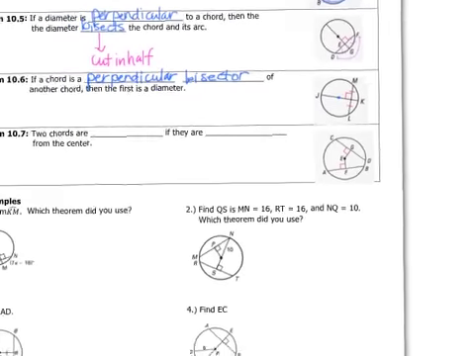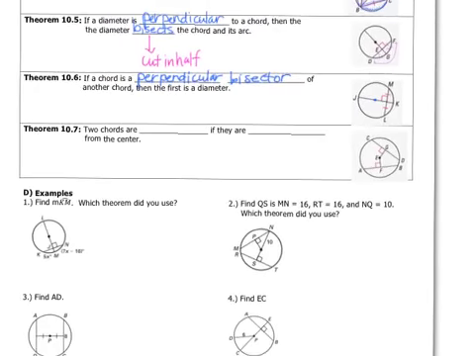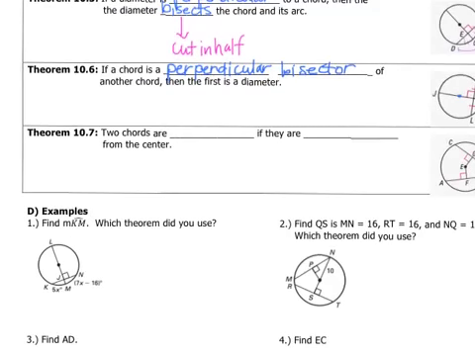All right, and the last one. Two chords are congruent if they are equidistant from the center.